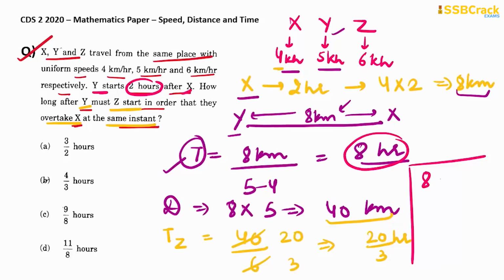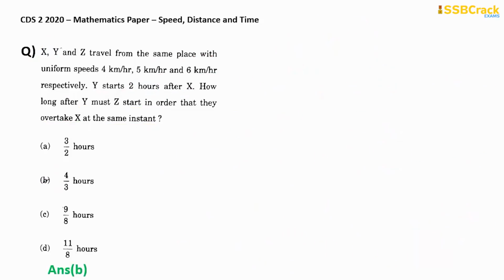So 8 hours minus the time taken by z, 20 by 3, will be equal to 4 by 3. So after 4 by 3 hours, z should start so that he can overtake x at the same instant as y. Hence, the answer for this question should be option B. Let's check. So yes, option B is correct only.